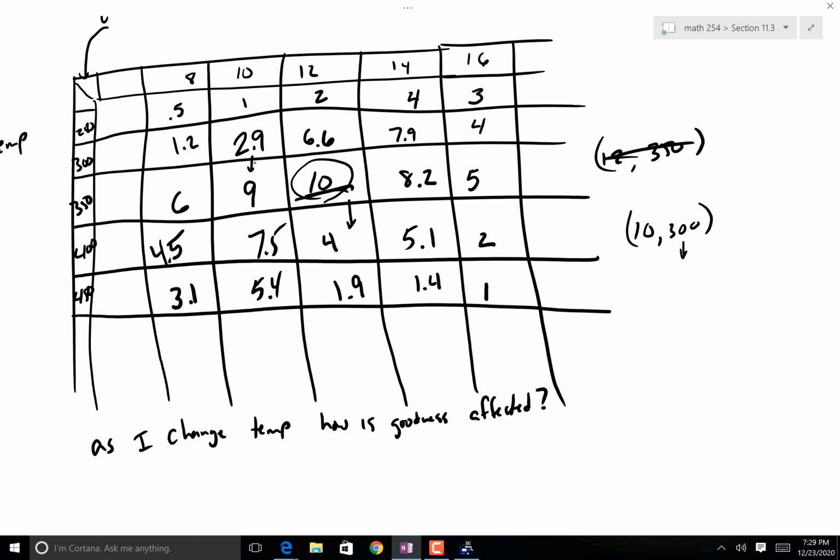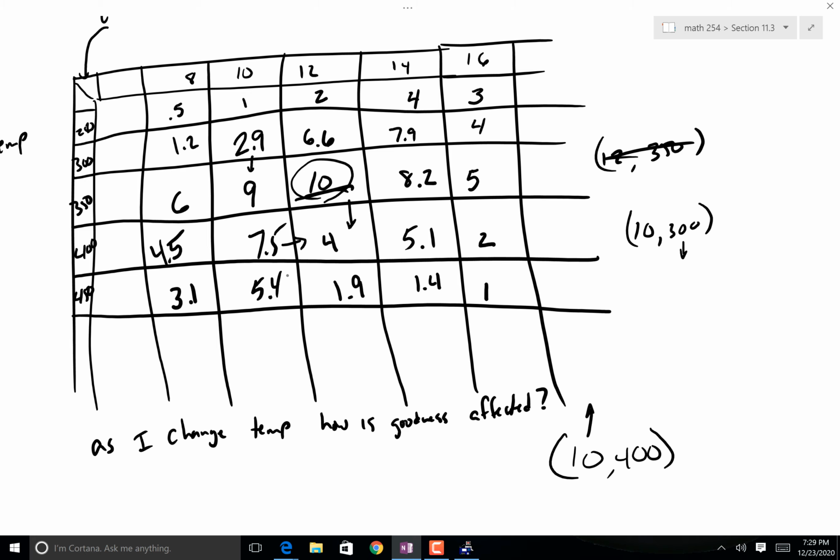And then you're like, well, okay, what about from here to here? What if you are at 10 minutes, 400 degrees, and you increase the time? You leave it in the oven for a little longer. So you're here and you increase the time. What's going to happen? Not good is what's going to happen. It drops like a rock.